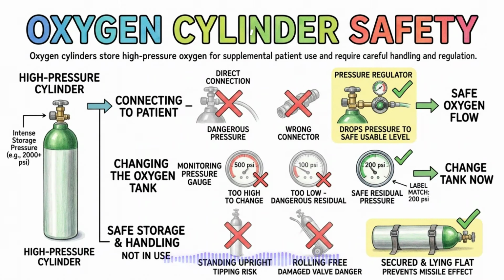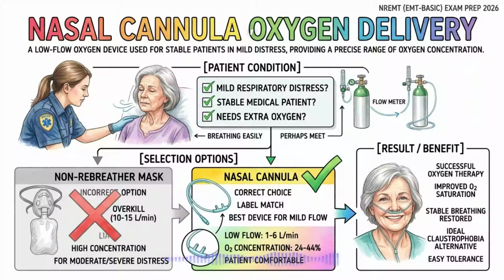You must change the oxygen tank when the pressure drops to 200 pounds per square inch, which is considered the safe residual pressure. Always keep your tanks secured and lying flat when not in use, because a damaged valve can turn a heavy cylinder into a dangerous high-speed missile.